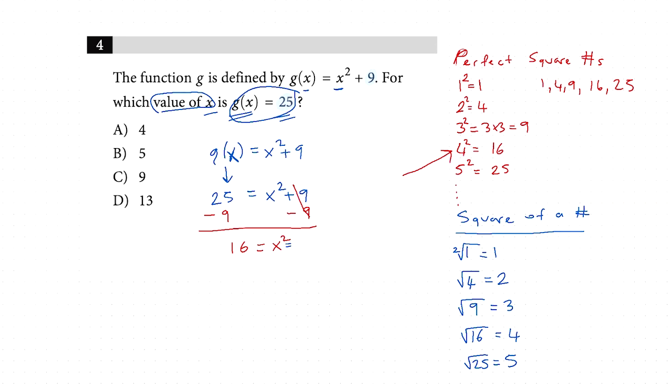To cancel the square, I need to take the square root of both sides, because the square and the square root cancel each other, leaving x on the left side. The square root of 16 is equal to 4, because 4 times 4 is 16. The value of x is 4.